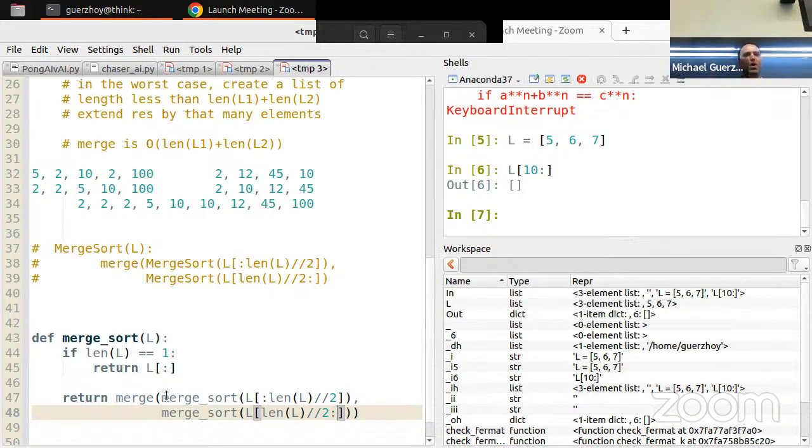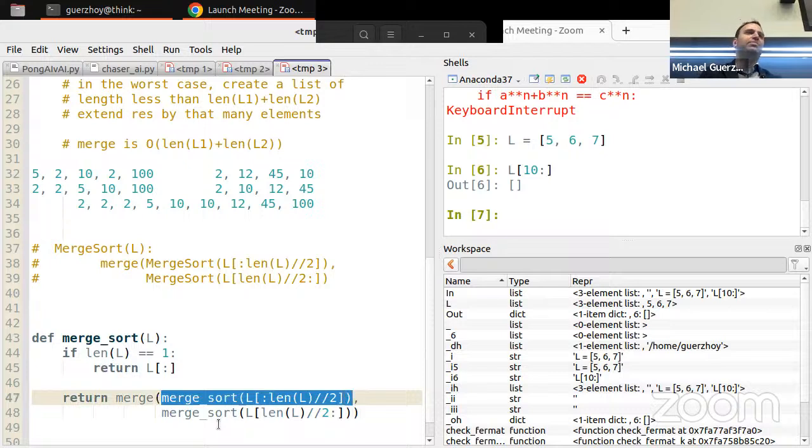So the way to think about it, like, why does it work? Well, leap of faith. If it works for a small list, you can use it as a helper function for the larger list. And this is a way to use the helper function that makes sense, because you sort the first half, then you sort the second half, then you use merge to combine both solutions. That's your answer. All right.